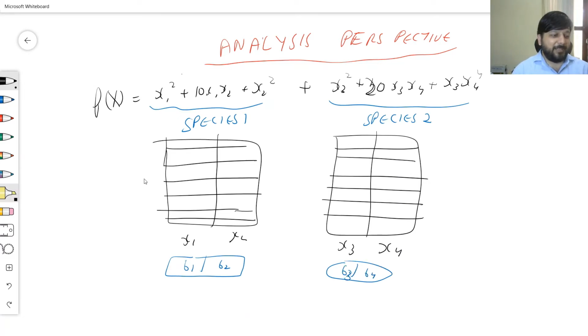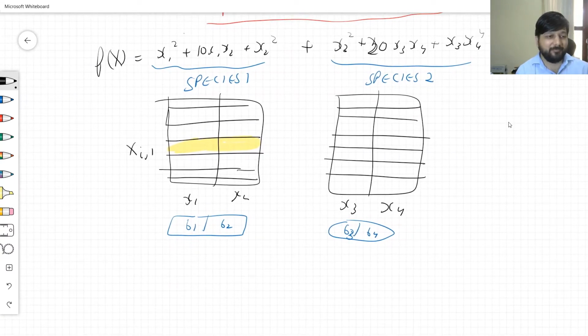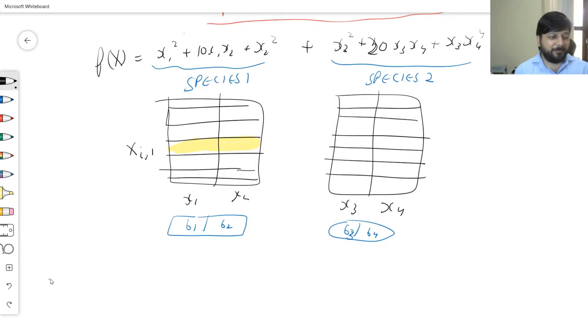And let's calculate the fitness function value of a random individual xi from species 1. So by substitution, and let's say this is of course x1 and x2. So let's create the substituted individual.